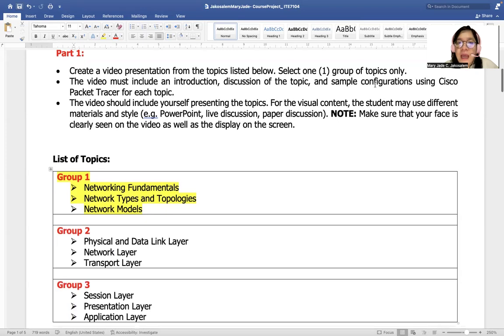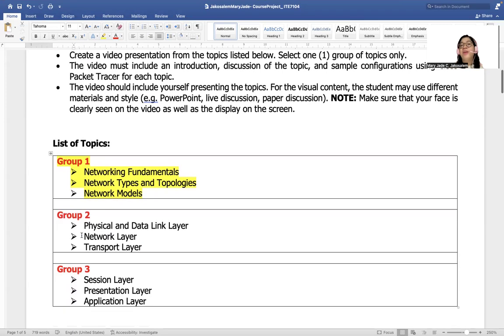As for my visual content, I have decided to use Canva, and my visual content is in the form of a PDF file. So to start with, let me open the visual presentation I made regarding the 3 topics I have chosen.